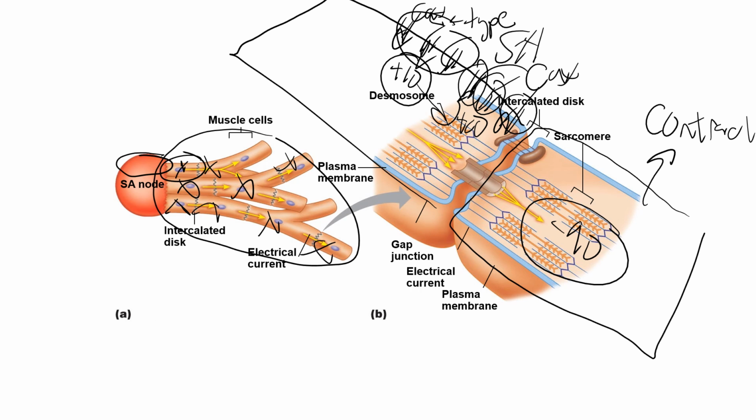By that I mean the SA node fibers don't have resting membrane potentials, constantly fluctuating, generating their own action potentials, and the contractile fibers, which they're directly attached to through intercalated discs, do have resting membrane potentials. And they don't generate their own action potentials. Okay, so what does all of this mean?